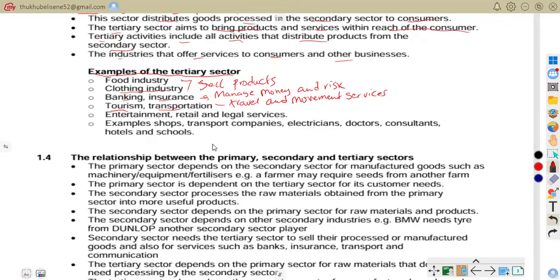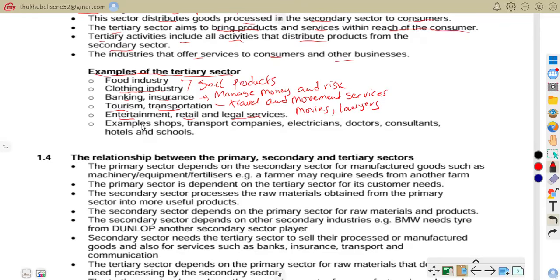So that is that. Also, we have entertainment, retail, and legal services as examples of the tertiary sector. We hear about movies for entertainment, and we also have lawyers, like we're talking about legal services.